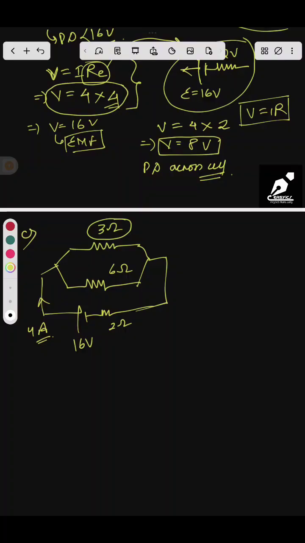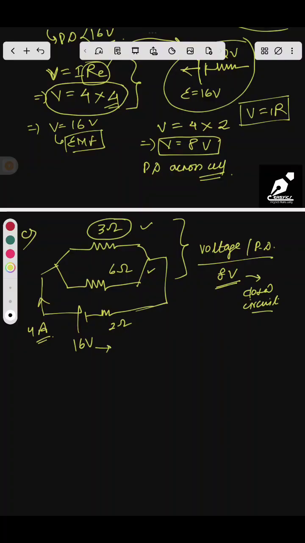Say me one thing, because these two resistances are in parallel, both of them will have the same potential difference. What will be the potential difference they get? Don't say it is 16 volt, they will be getting 8 volt, because in the closed circuit we are getting only 8 volt. 16 was supposed to be given in open circuit.